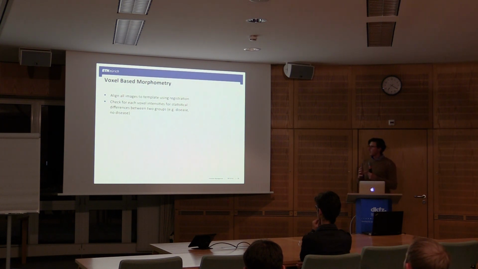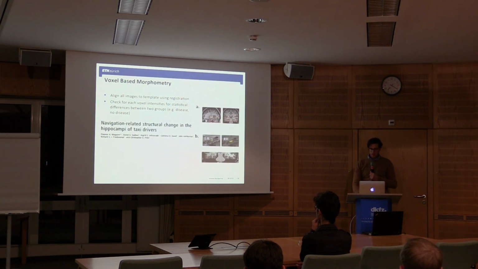The general idea is very simple. You align all your images to a template, and then you check for each pixel the distribution of your two populations. And if the distributions are significantly different, then you say this voxel was important for this disease.